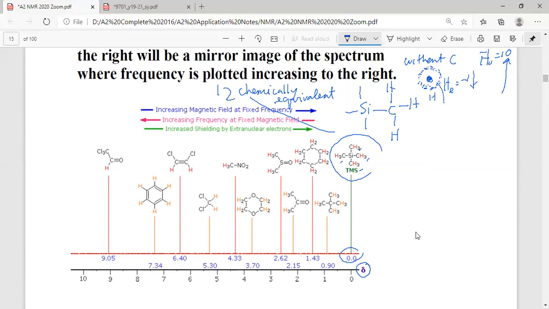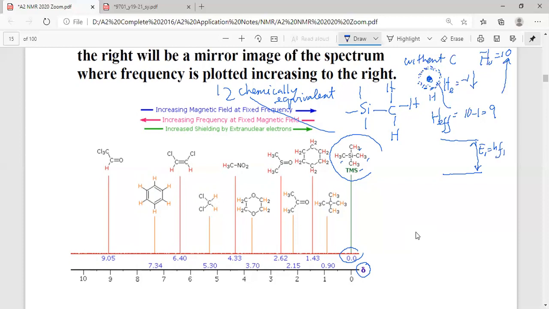So the effective field felt by the proton is equal to 10 minus 1 equals 9. If I put this into the machine, it will give me the split. This is E1 equals hf1, without the carbon.